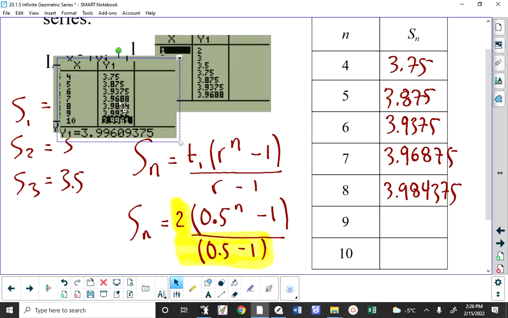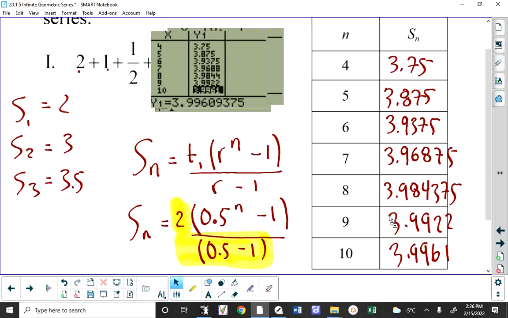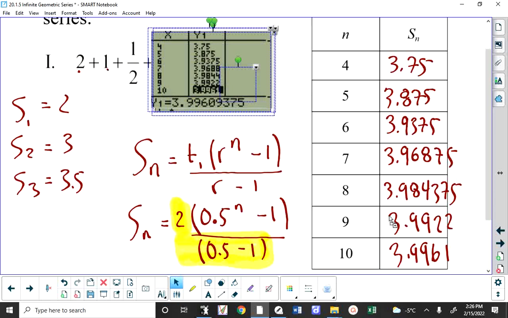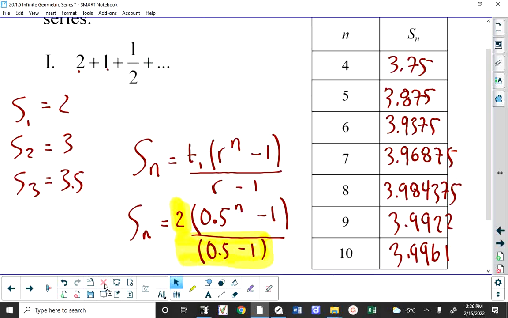The next one is 3.9922. This is obviously rounded, and with 10, it's 3.996 something, 0.9961, I guess, rounded. So, as well as not being the point that they end in 0.75, it is also not the point that you want to do this all the time.